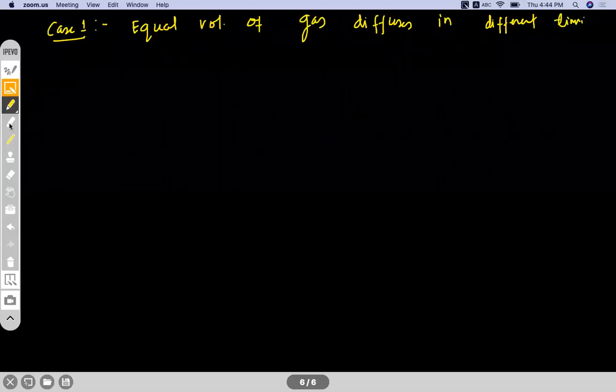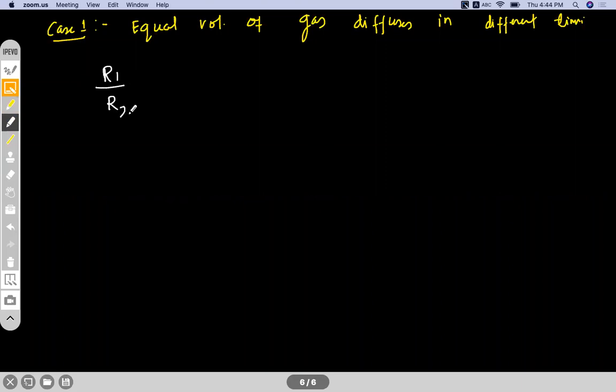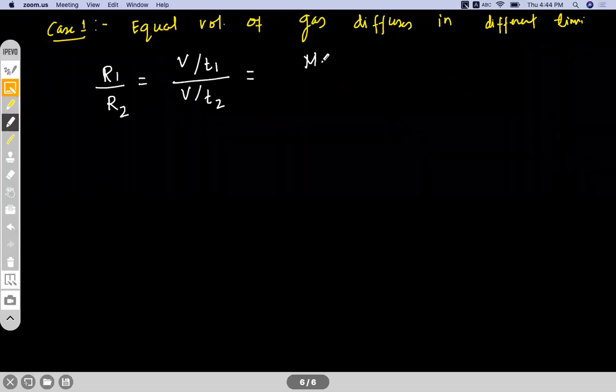So for two gases we can write R1 by R2 is equal to V divided by T1 over V divided by T2, which equals the root of the molecular mass of gas 2 divided by gas 1.